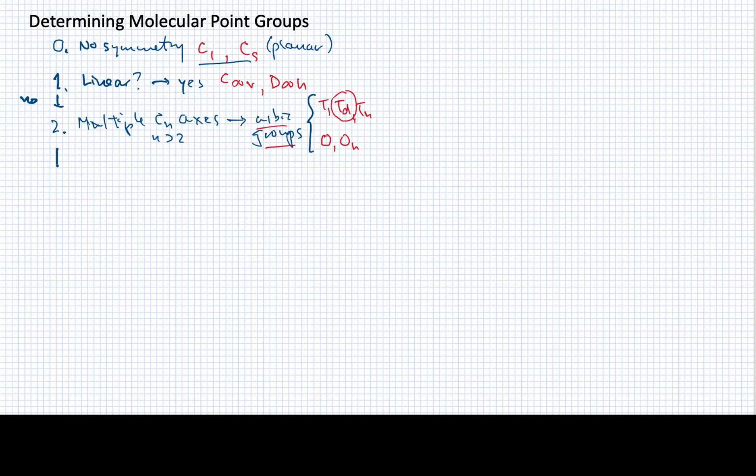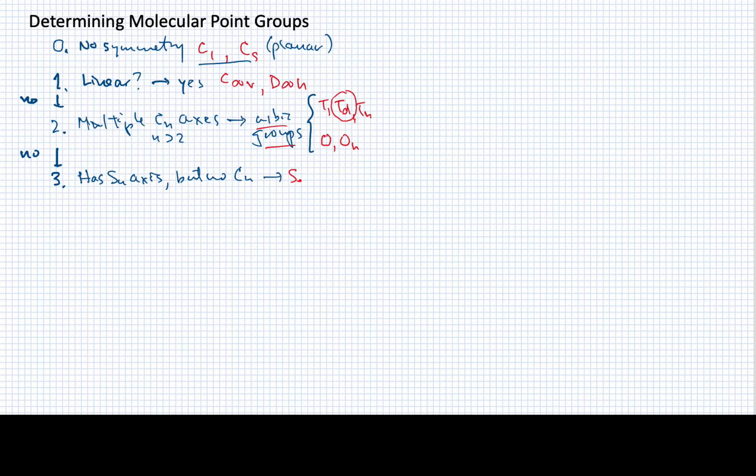Now the third sort of yes or no point, so this is no. The question would be, does it have an Sn axis but no Cn axis? Okay, so has Sn axis but no Cn axis. This is actually a fairly rare occurrence, and so chances are the answer to this question is going to be no. But if it's yes, then the following possibilities are the ones that you should look out for.